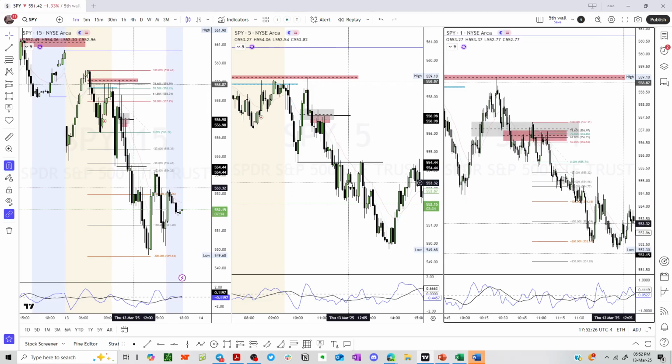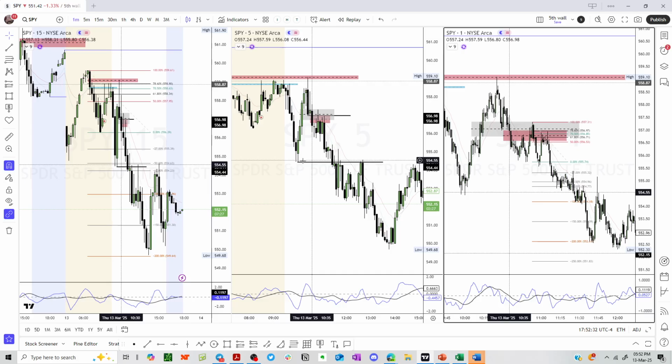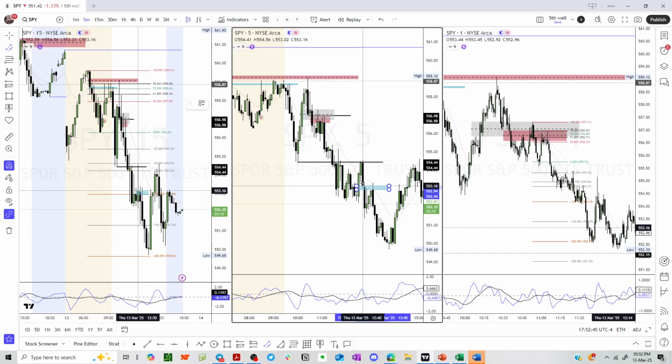That's your rules. Retrace slightly, now you got relative equal lows, pull back into this level again, fail your test, short again, and we have a small fair value gap here. Would have been bullish, so now it's an inverted fair value gap.